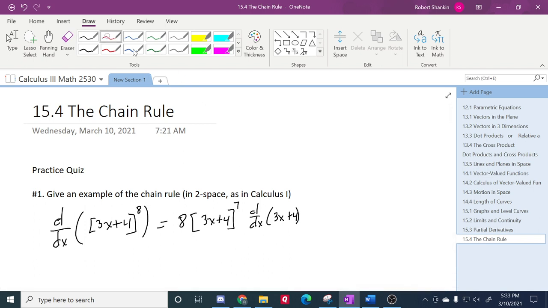And then that derivative is just 3. And this extra 3 has to do with the chain rule.